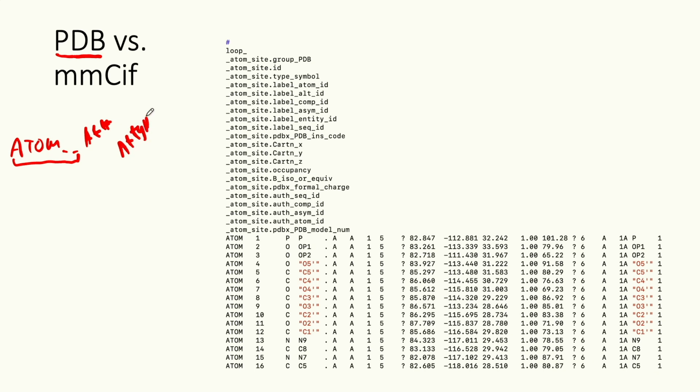Atom name, actually, sorry, atom type came later. This would be an atom name. Like we talked about alpha carbon, that would just be called CA. Beta carbon would be called CB, and so on.